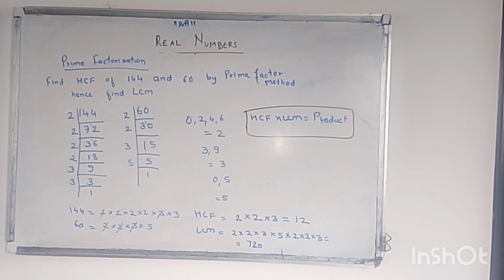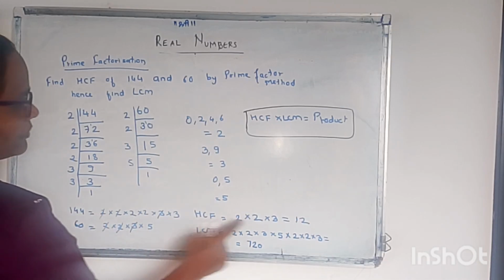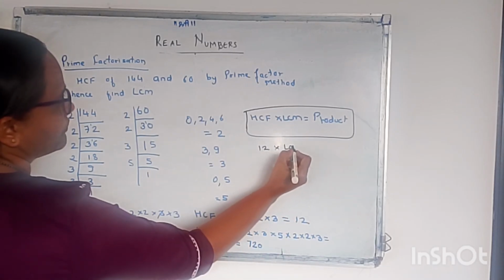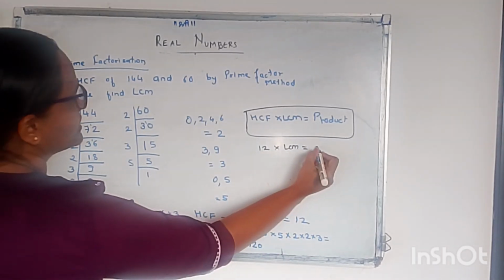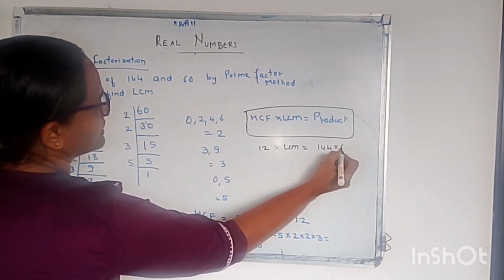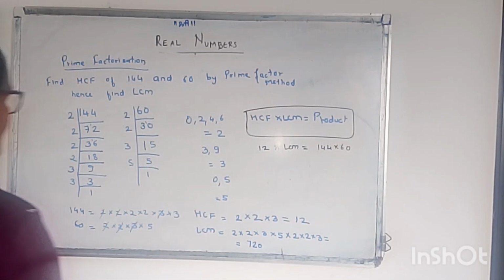You can use this for MCQs. Suppose HCF was given 12, LCM we have to find out. And what is the product? 144 and 60.